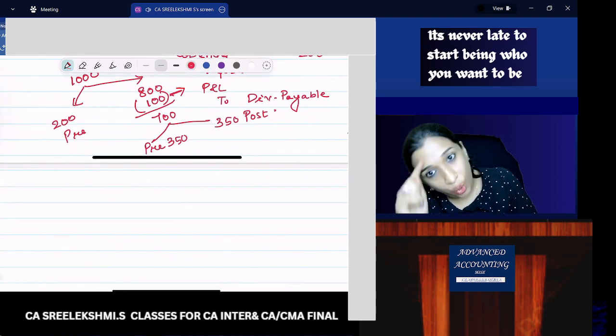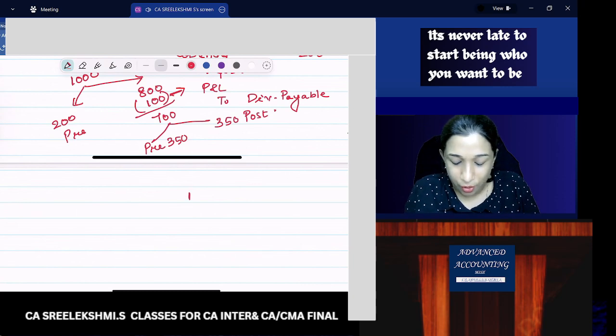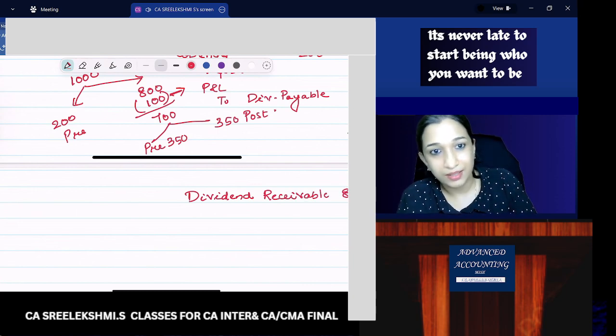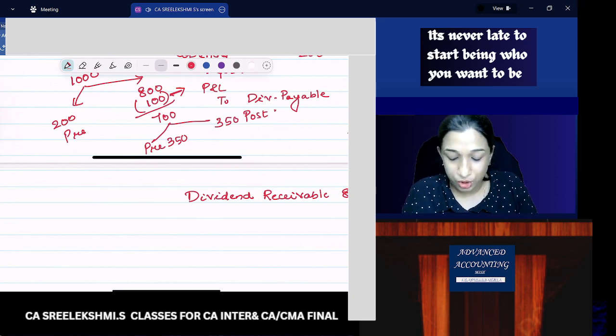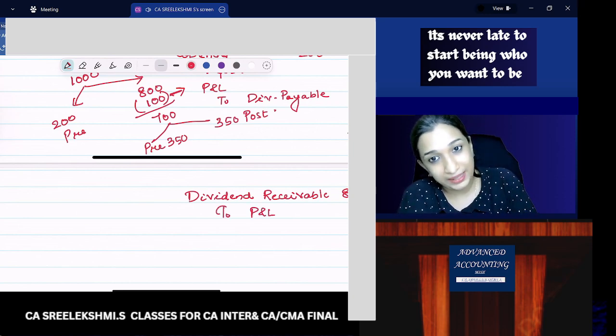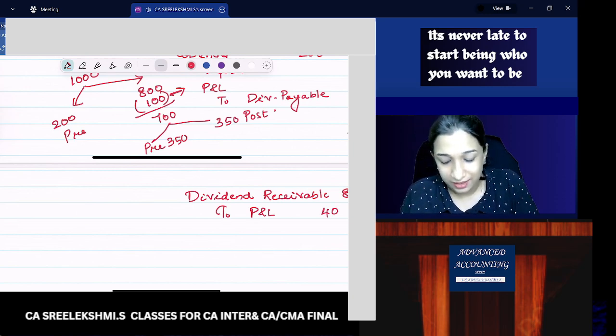Now from the holding company's point of view, the holding company should account 40 rupees as dividend receivable, at 80%. How much should I recognize in P&L? Post acquisition profits, 40.